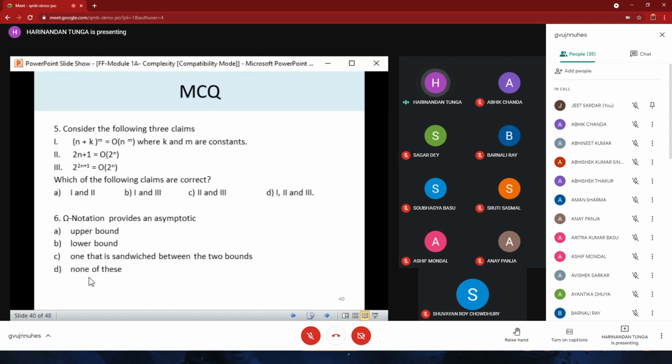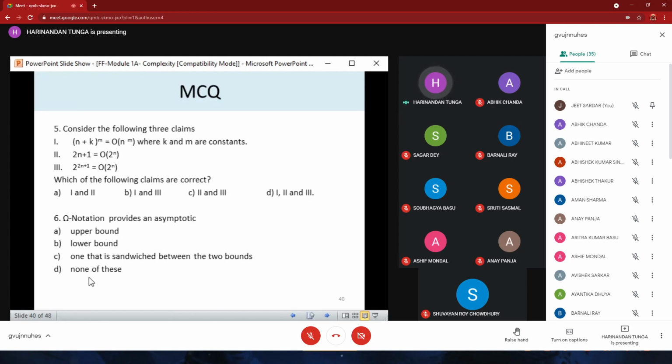Another one is there, 2 to the power 2n plus 1 equal to order of 2 to the power n. Which of the following claims are correct? Sir, 1 and 2 are correct. Yes, very good, very good, very good. It is a GATE question.